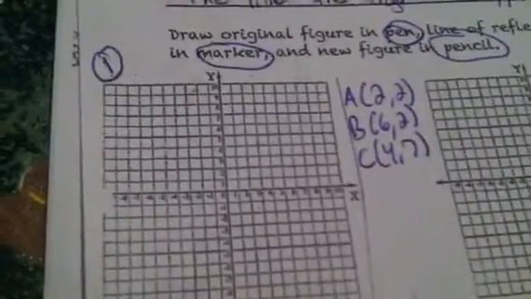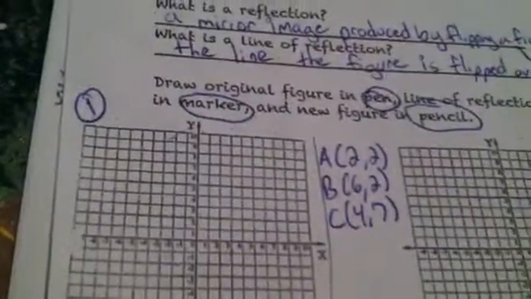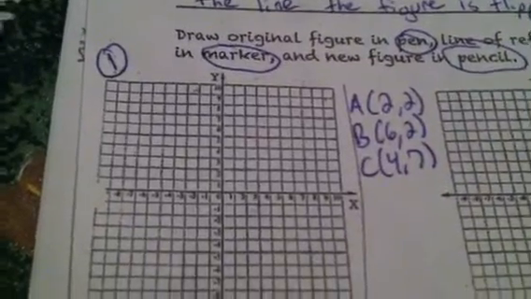We're going to go ahead and plot those points. All right, so you should have gotten A to be right here.